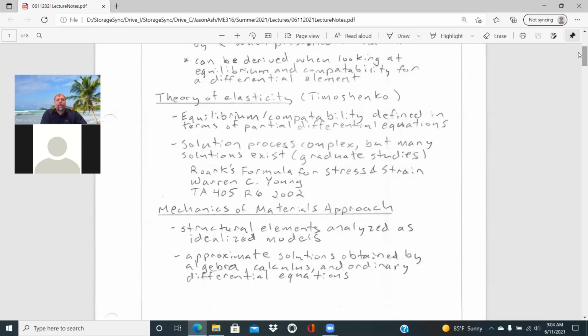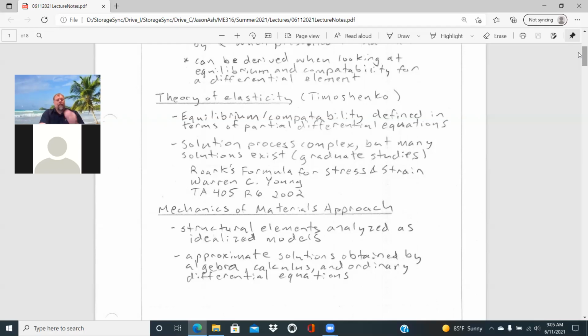And so when you look at a differential element and really show that stress and strain can vary as a function of position and derive that, essentially your summation of forces and moments to account for that, that'll generate a PDE that you can solve.